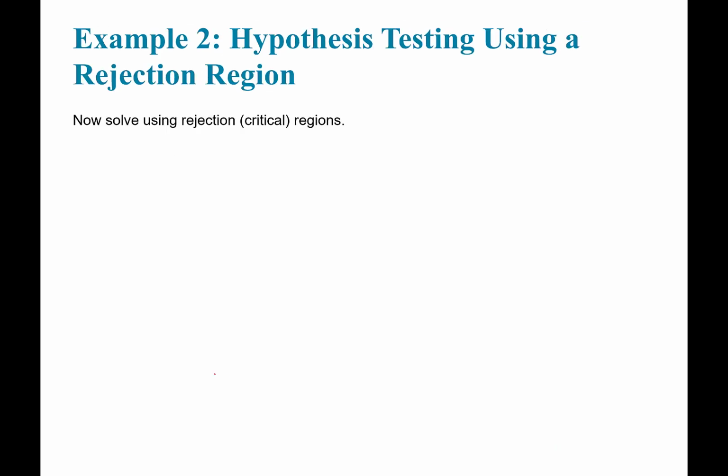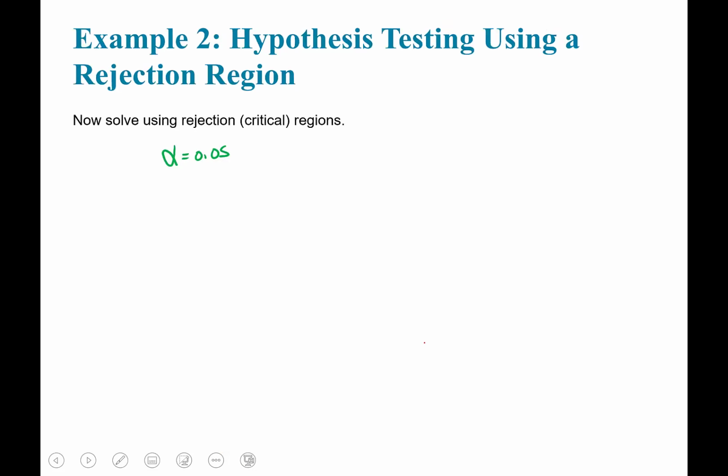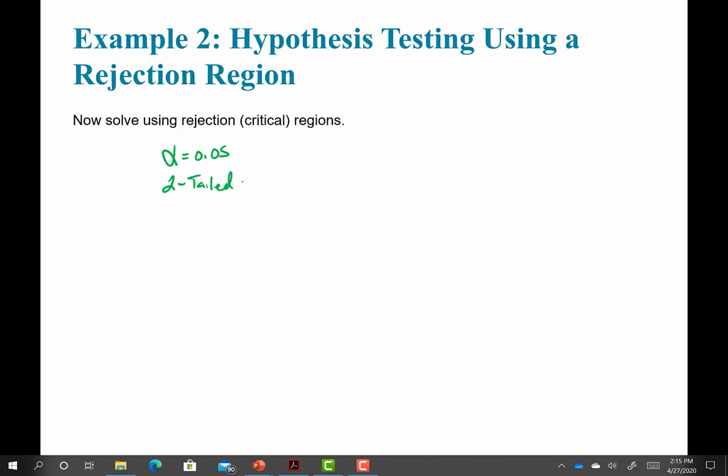So alpha equals 0.05, and we did a two-tailed test. So we go back to that table, alpha equals 0.05, go down to a two-tailed test, and you get plus or minus 1.96.